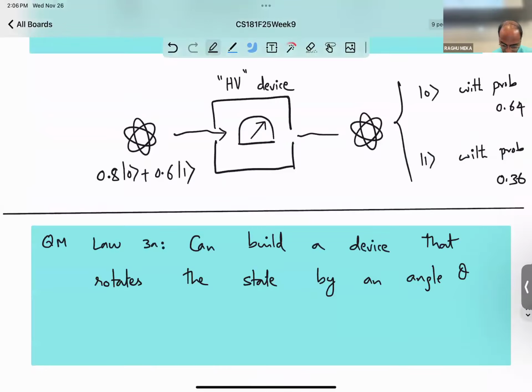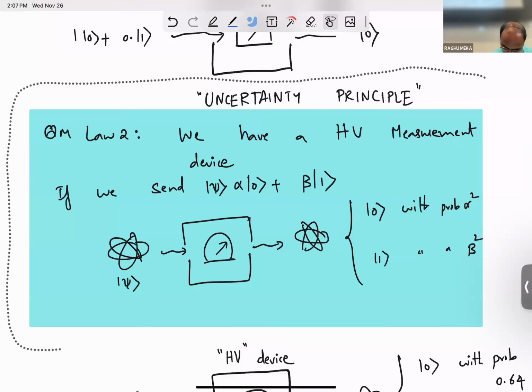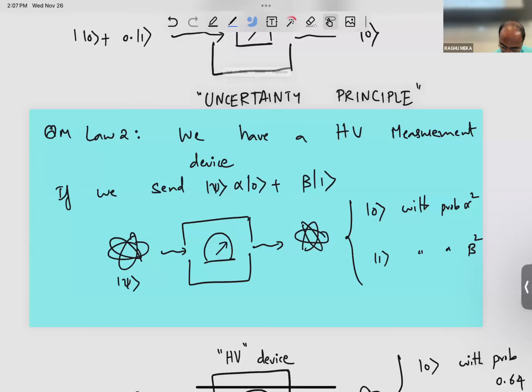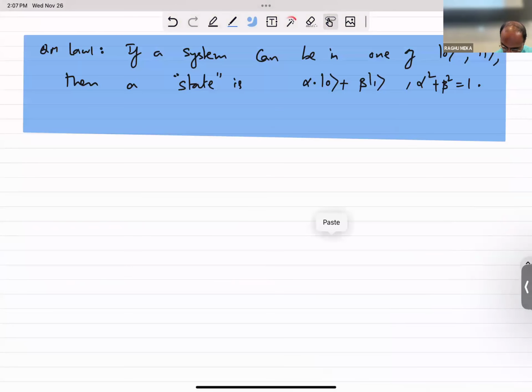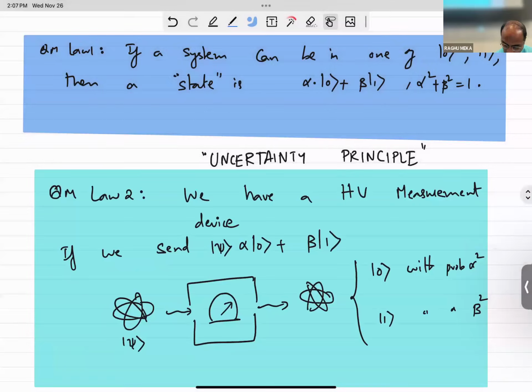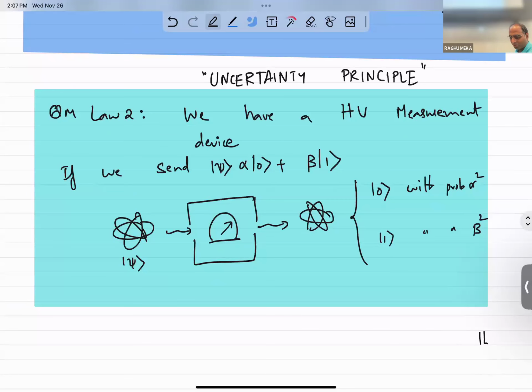And then we had quantum law two, which was this measurement property. You can call the first one the superposition principle. And the measurement or uncertainty principle says, in some sense, that the only way you can find information about a state is through a measurement device.